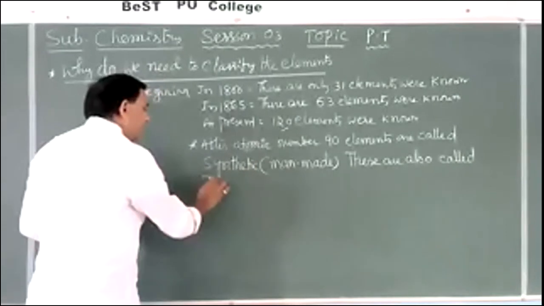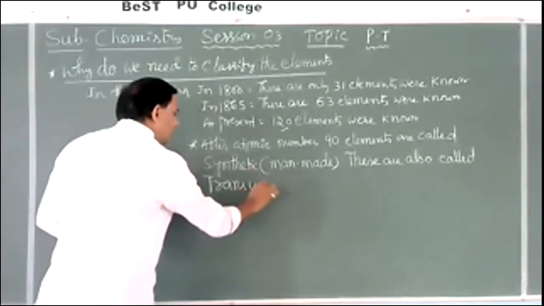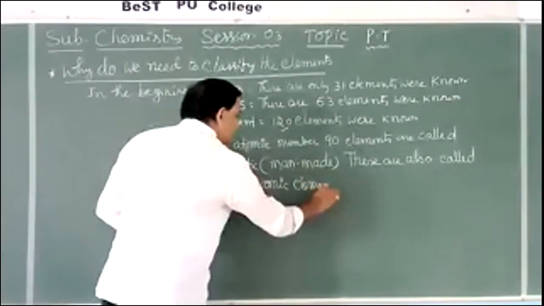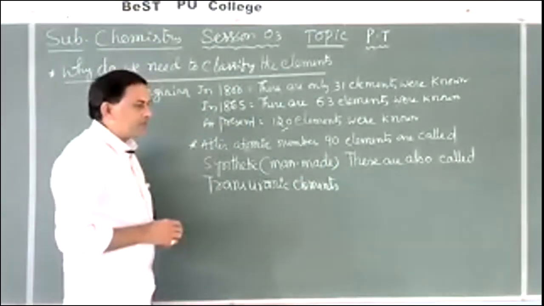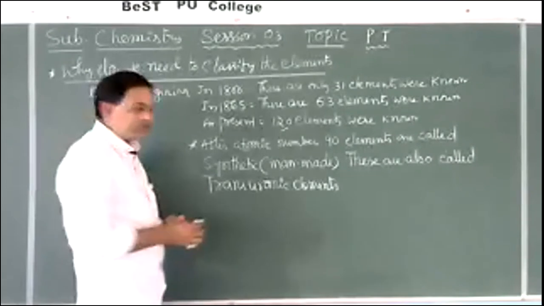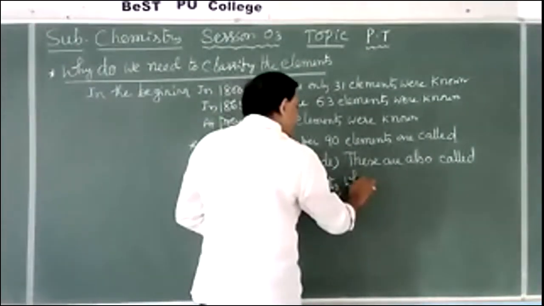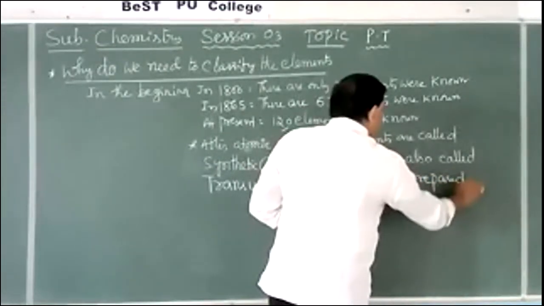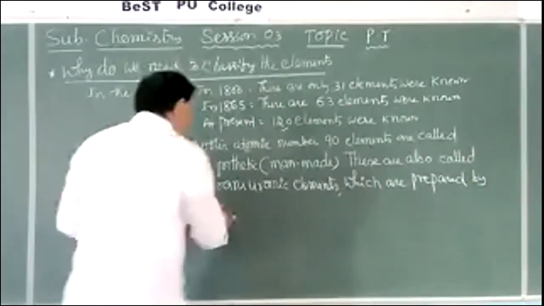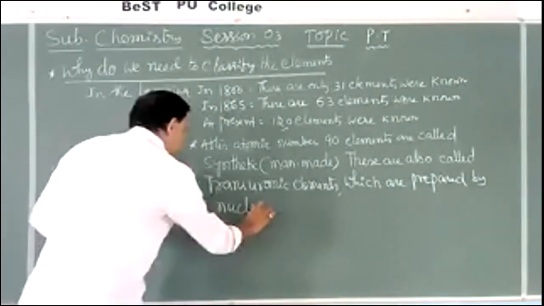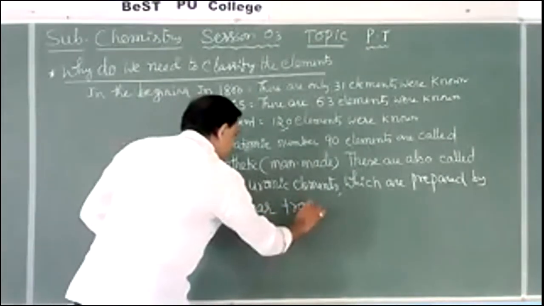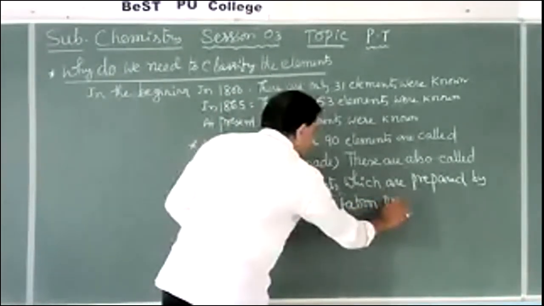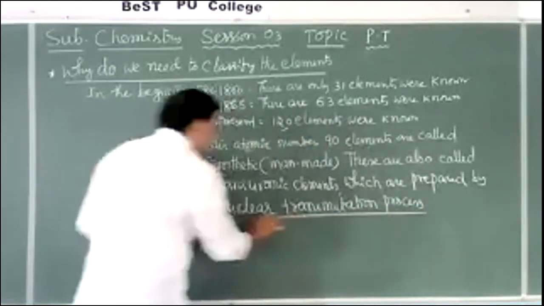These are also called transuranic elements. The transuranic elements are synthesized by a nuclear transmutation process. By nuclear or chemical transmutation, these elements are prepared.